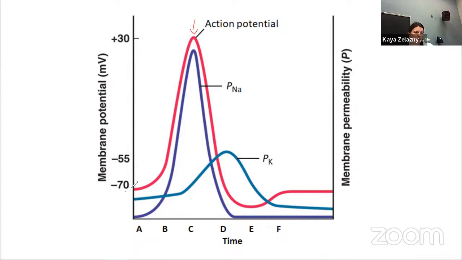We're starting at -70. We're somewhat slowly getting up to -55, our threshold. Then we have our sodium channels opening, our voltage gated ones, rushing up to +30. So this is our depolarization. Then we go back down, repolarization.